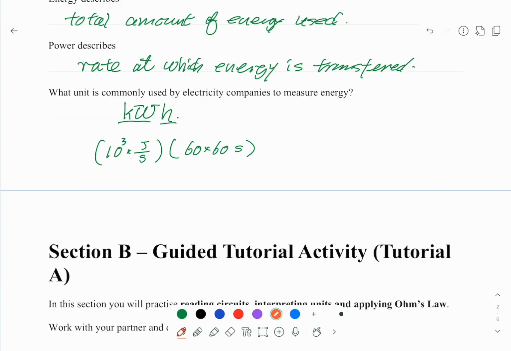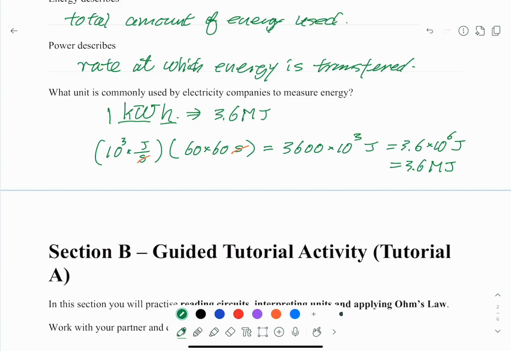You can see the second cancelled, and this becomes 3.6 times 10 to the power 6 joule, or 3.6 megajoule. So if the electrical company says you use 1 kilowatt hour of electricity, it means you use 3.6 megajoule of energy. That's why they charge you based on the kilowatt hour.